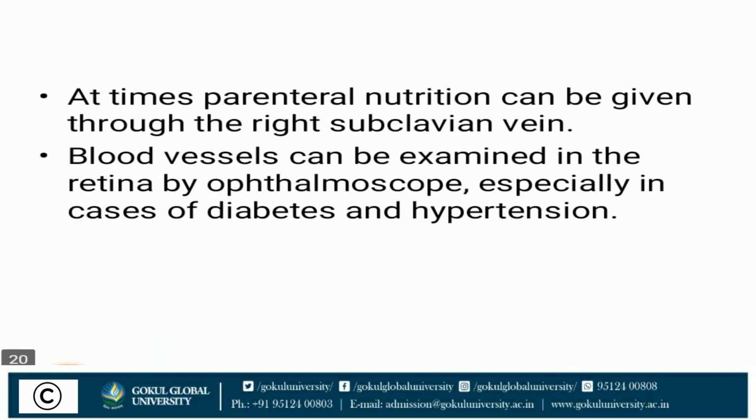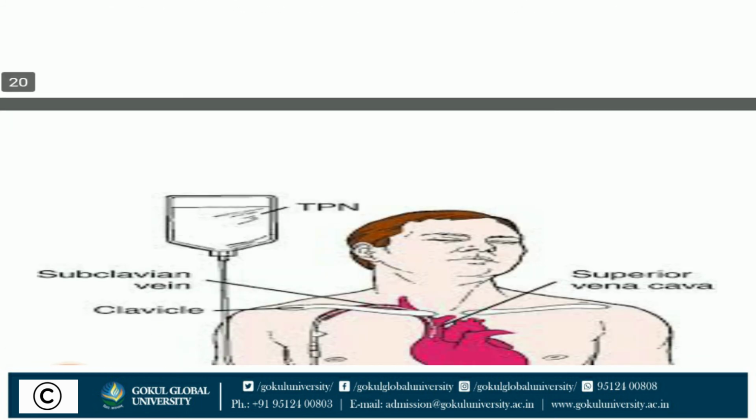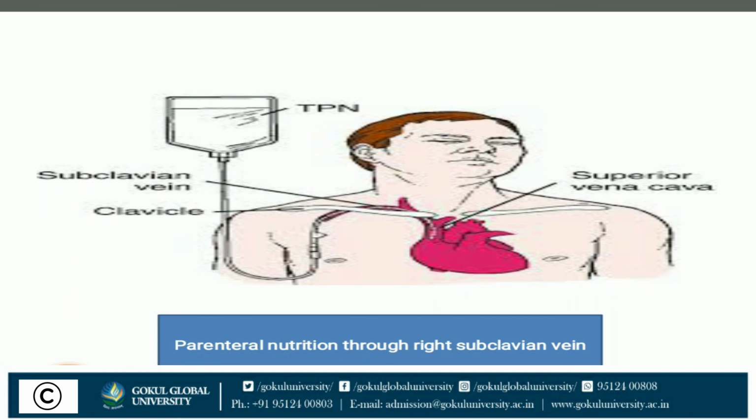This is an instrument you will study in ENT. First let me explain parenteral nutrition through the right subclavian vein. In this diagram you can see SVC, heart, subclavian vein course, clavicle. Parenteral nutrition is done through the subclavian vein.